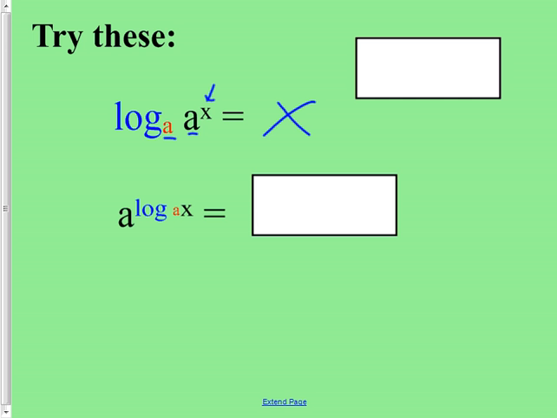Wait, is there one more property on this page? This is the weirdest looking one. It's got a power that has a log in it. It really makes it look complicated. A to the log base a. I'm going to show you a problem. 4 to the power of log base 4 of x.